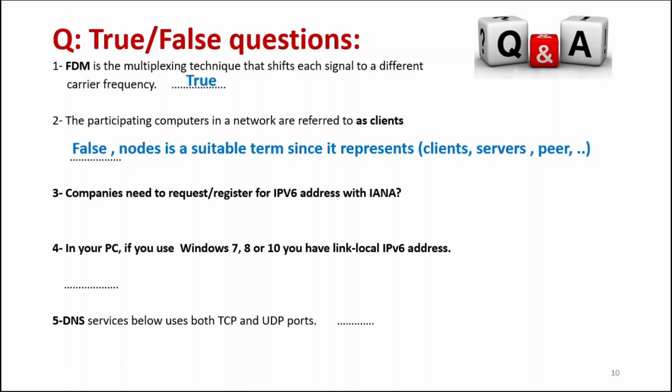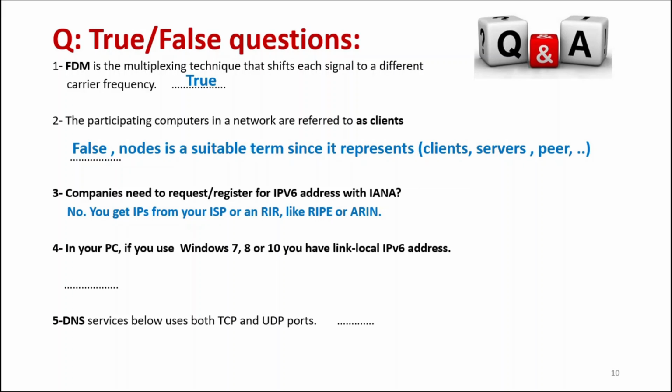Companies need to register for IP version 6 addresses with IANA. Is it required or not? No, you can get IPv6 addresses from your ISP directly, without going to the upper authority.